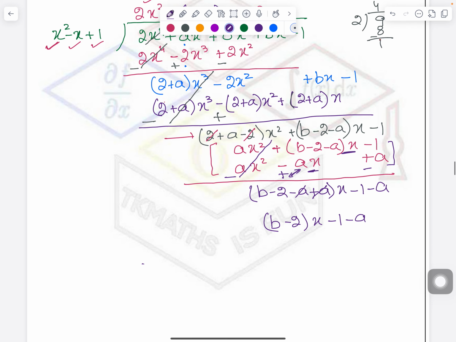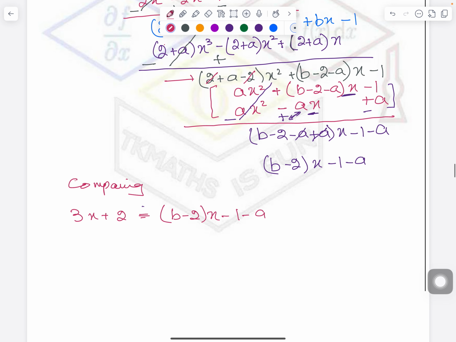So we have to do what? Comparison. So you will say, comparing 3x plus 2 with (b minus 2)x minus 1 minus a. You will compare the coefficient of x with the coefficient of x and the constant with the constant.